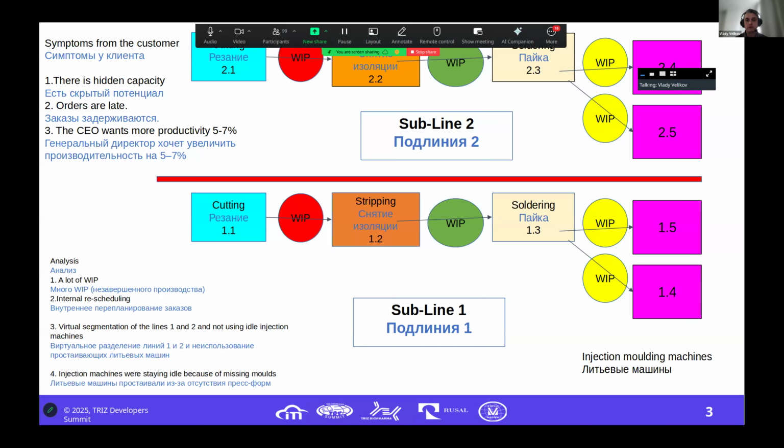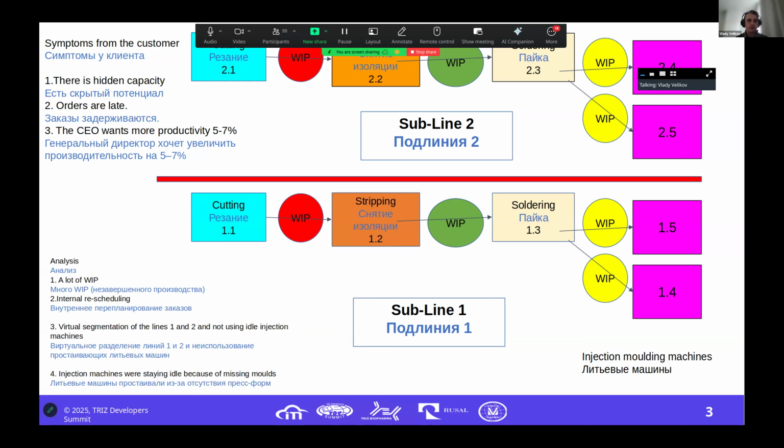The line was slow. The second symptom they claimed was that their orders are late and the customers are angry. The third was that the CEO wants more productivity from this line. He said that 5 to 7% would be enough.